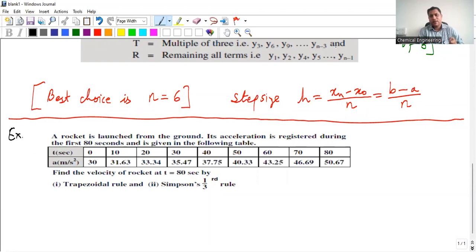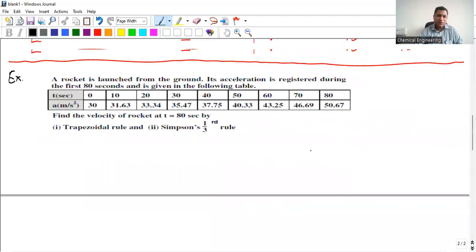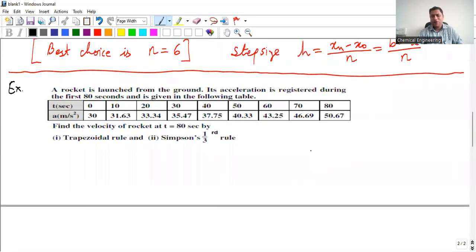What is the relation between the velocity and the acceleration? dv by dt is acceleration. Correct. If the acceleration is the derivative of the velocity, then velocity is the integral of acceleration.